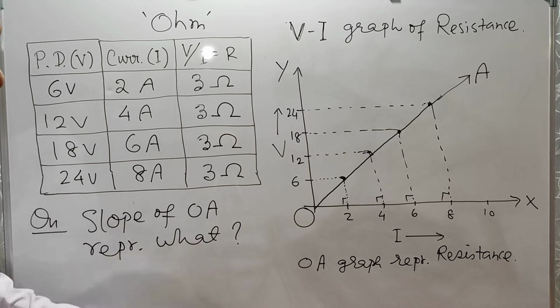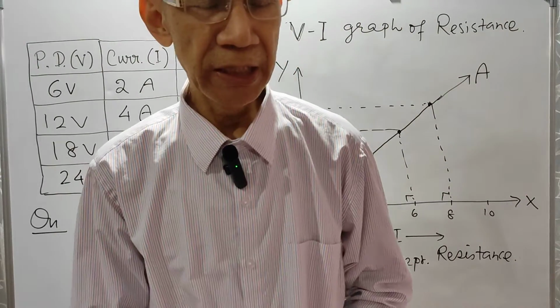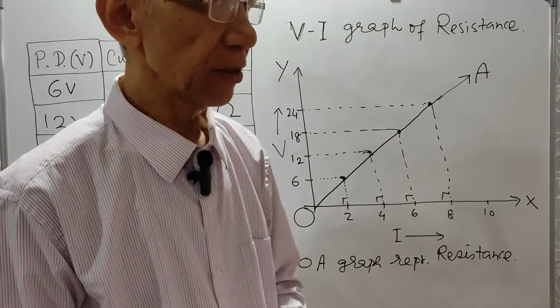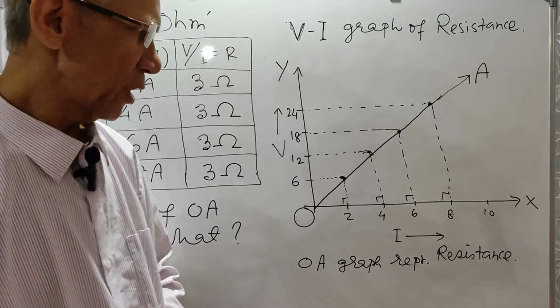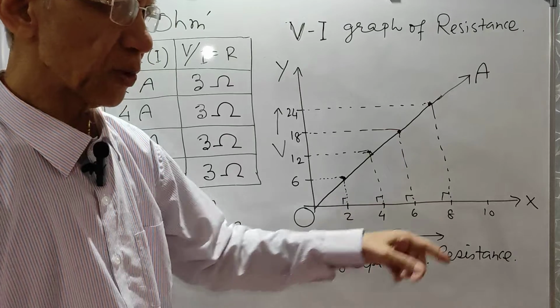Now this idea of slope, you did in class 9 probably. Slope or gradient in terms of trigonometry is tan theta. But here without trigonometry we will say slope is the ratio of y coordinate by x coordinate.